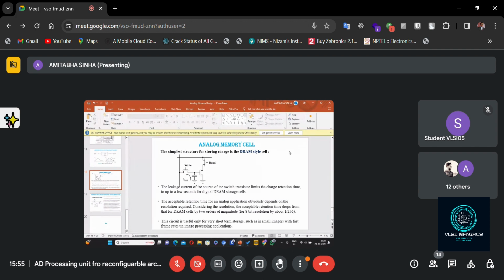For BJT, the collector current will change, because if there is a change in IB, there will be a change in IC, because IC equals beta IB. Then for thermal stabilization, we use a feedback resistor by connecting a resistor from emitter to ground. This is called a feedback resistor, and this is for temperature stabilization.